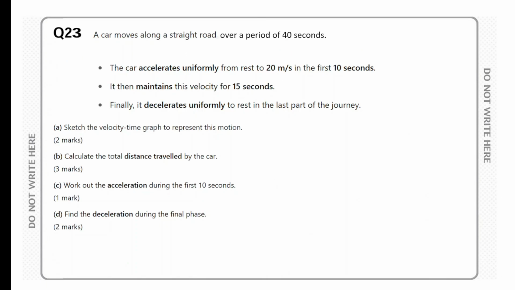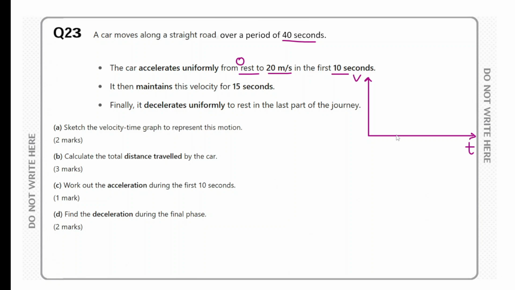Question number 23 on a velocity time graph. Please pause the video and give this a try. A car moves along a straight road over a period of 40 seconds. The car accelerates uniformly from rest, so you start with 0, to 20 meters per second in the first 10 seconds.